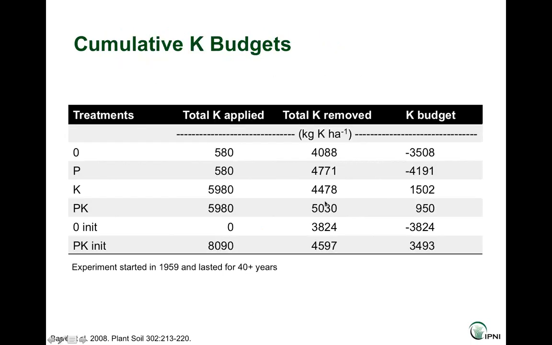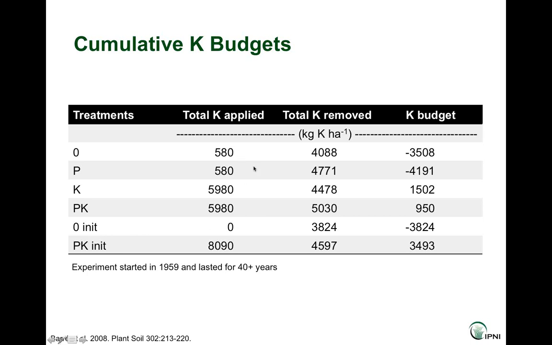Here was a study that was done for 40 years, and it was looking at potassium budgets, and here are the treatments. No potassium applied, just phosphorus applied, only potassium applied, both potassium and phosphorus applied, no P or K initially, and a dose of P and K initially, followed by no doses later.